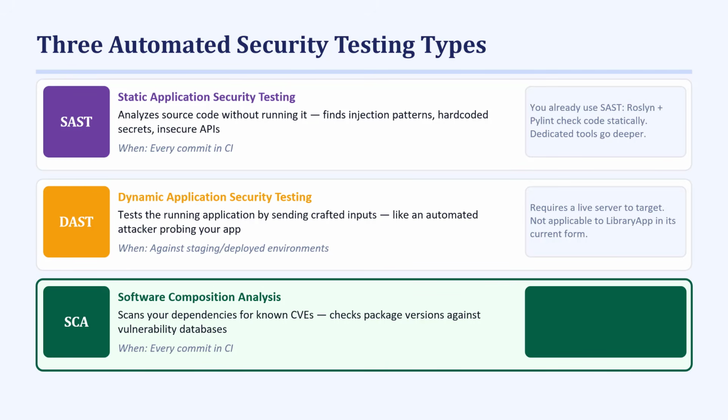So Roslyn analyzers, Pylint, check the code statically, but dedicated SAST tools go deeper. They're going to check for injection patterns, hard-coded secrets, insecure cryptography usage. So it's going to help find those problems, not the runtime issues, but literally code patterns that we need to correct.